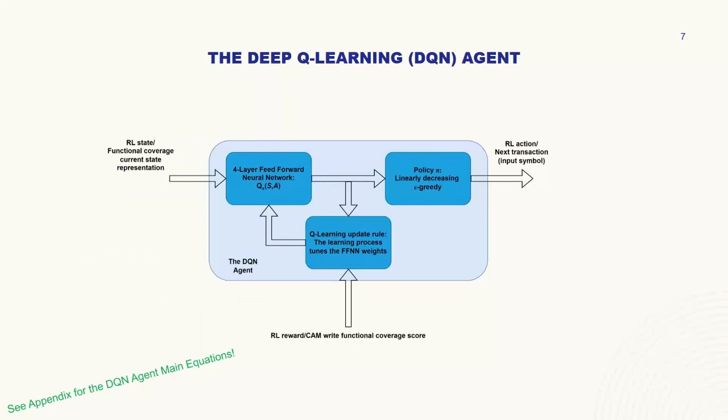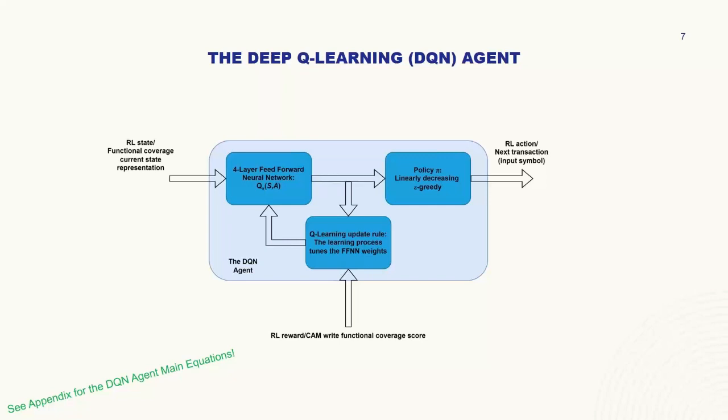So this is what I do here. This is what we call the epsilon greedy policy, which sometimes chooses the output of my functional approximation, which is here a 4-layer feed-forward neural network. Obviously, just getting to this architecture would take me another presentation, but it doesn't really matter here.